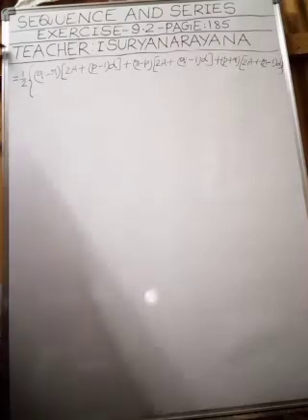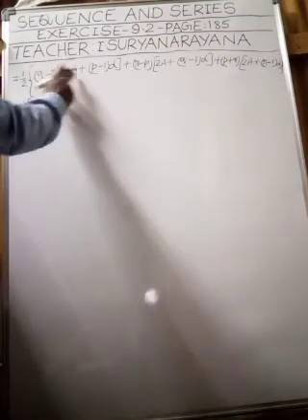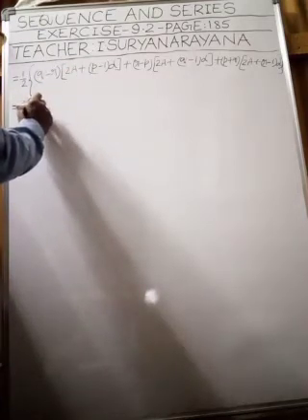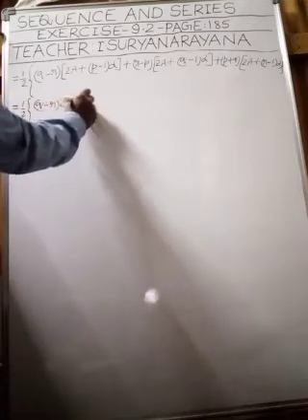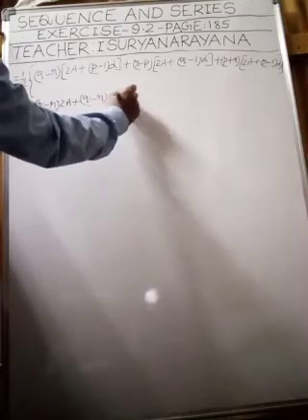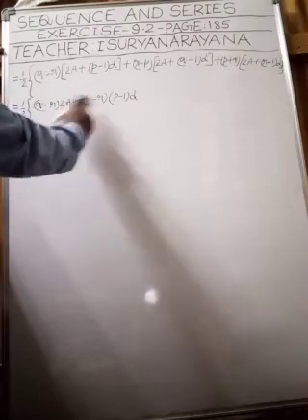That is equal to 1 by 2 into, let us use the distributive property, Q minus R into 2A plus Q minus R into P minus 1 into D. By using the distributive property, we get these two terms.